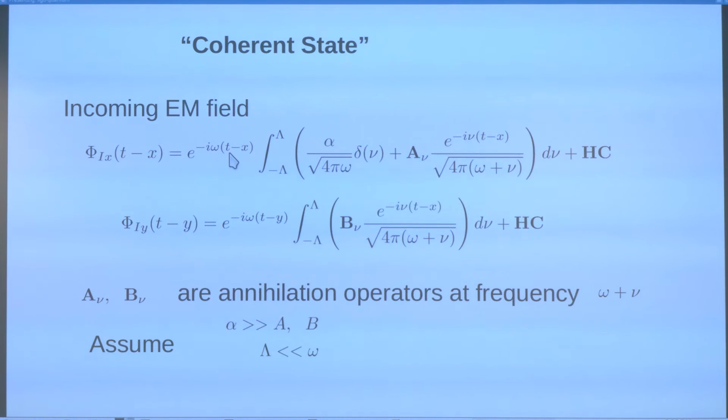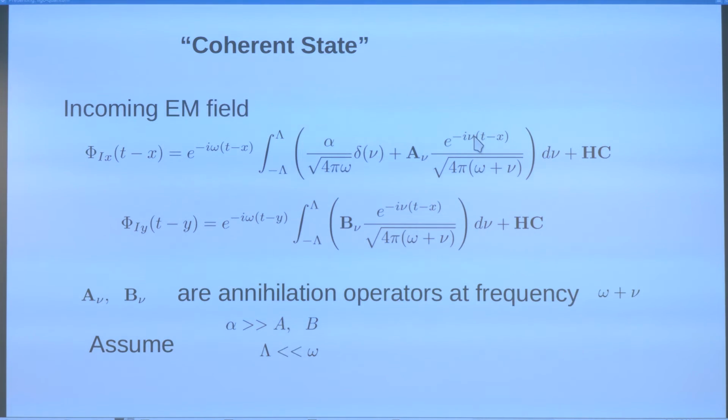Now, I played a little trick here. These are at frequencies that are not exactly the same as the frequency that you're sending into the interferometer, and I'm measuring that difference as nu. So omega is the frequency of the light, of the order of 10 to the 15 hertz, and nu is the difference between that frequency and the frequency that I'm looking at in each of these cases.